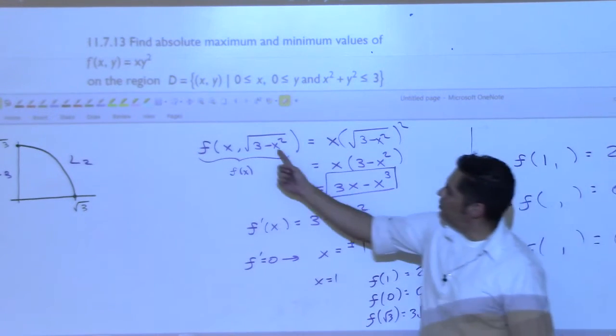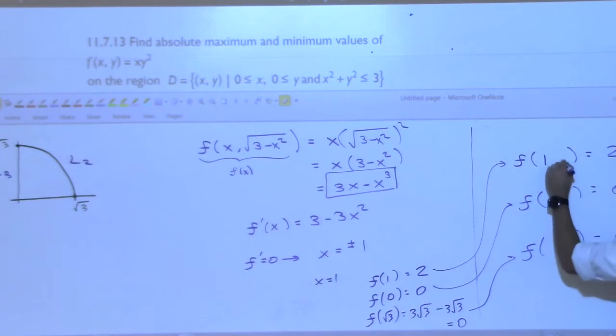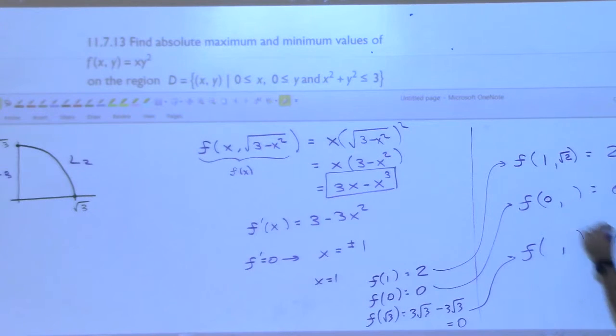And then you have to plug 1 into this, so root 2. And then the next one is 0, root 3. And then this one is root 3, 0. One more to go. L3.